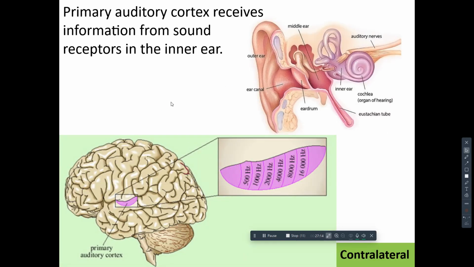When sound waves enter our ear canal, shake our eardrum, which shakes our malleus, our incus, and our stapes, that then shakes this guy here called the cochlea, and depending on the sound waves, the shaking is different, and signals are developed in the auditory nerve, which is sent eventually to the primary auditory cortex. Although it is contralateral, so my right ear is sending signals to my left temporal lobe, my left ear sending signals to my right temporal lobe.